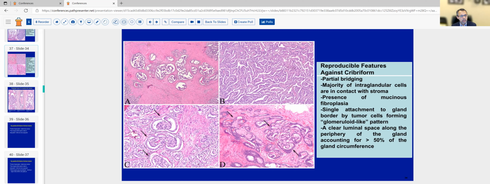As you can see here, partial proliferation, partial bridging, is typically against a cribriform prostate cancer diagnosis. So this is a very important finding from the study. When you see only Roman bridges or only part of the gland showing proliferation, that may not be sufficient to call a cribriform gland.